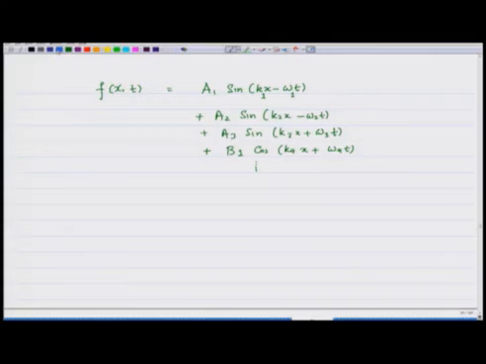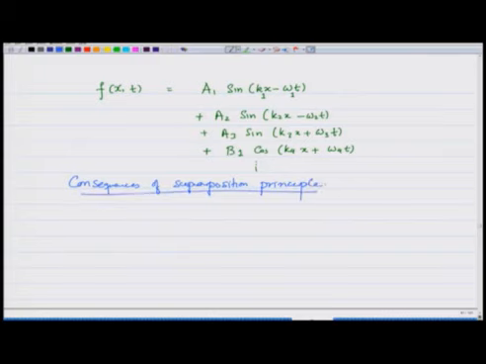So, let me just write them first. The consequences of superposition principle.